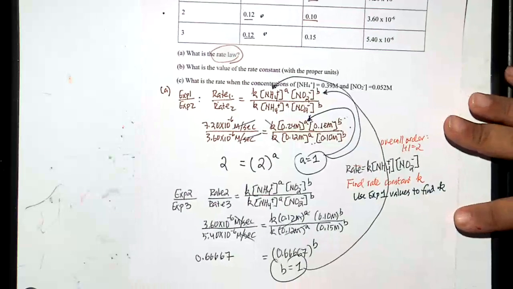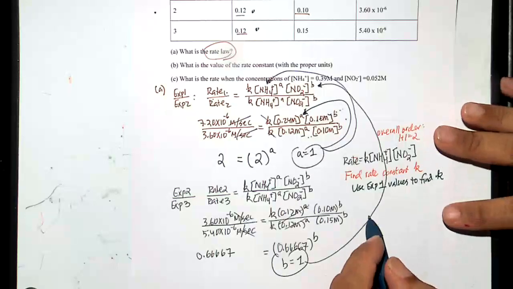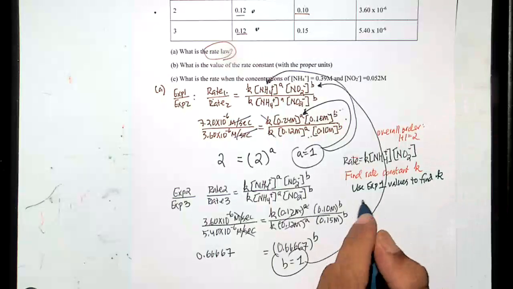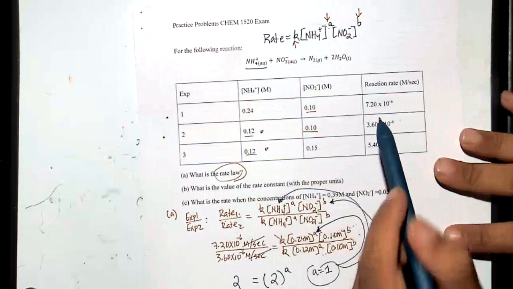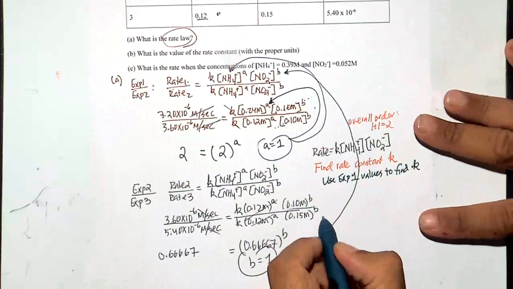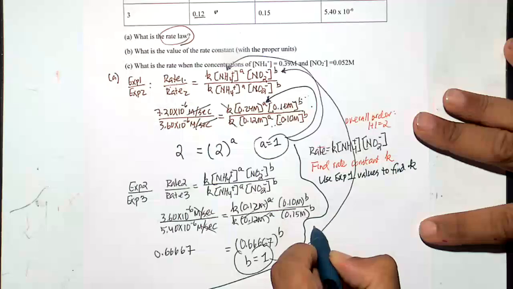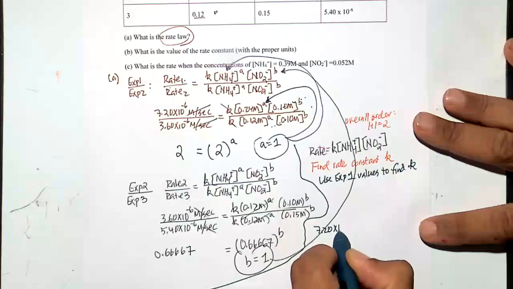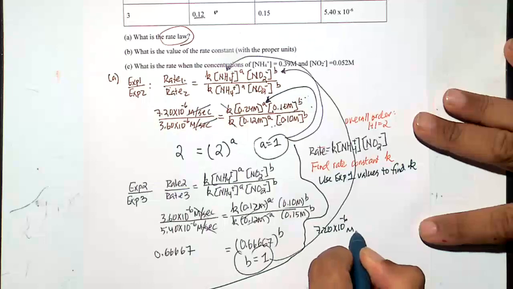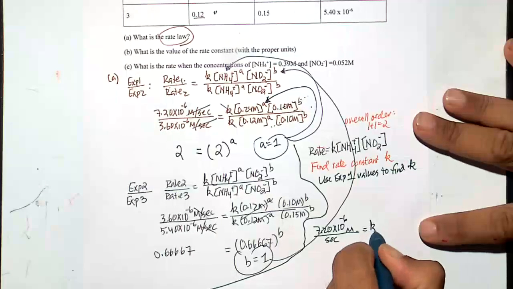Lowercase k is the rate constant. For experiment 1, we have the rate, 7.20 times 10 to the minus 6, equals k.